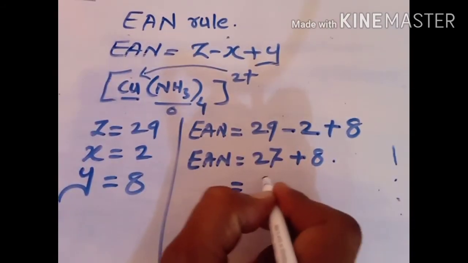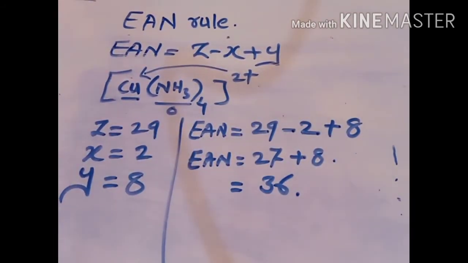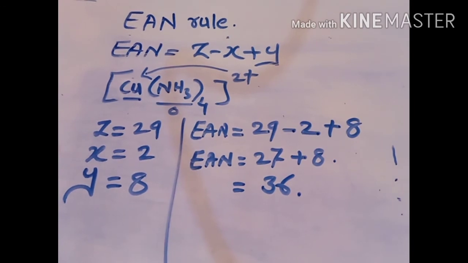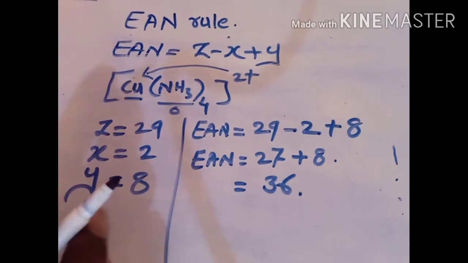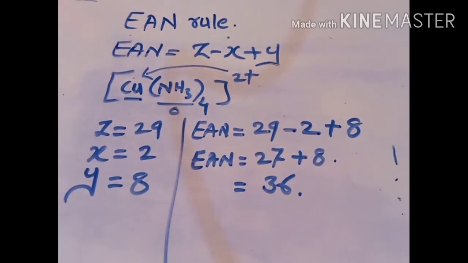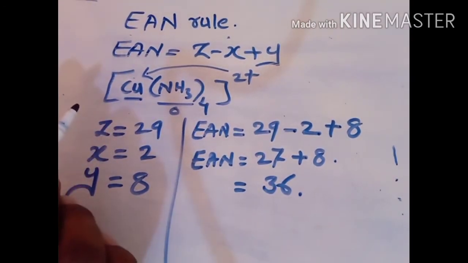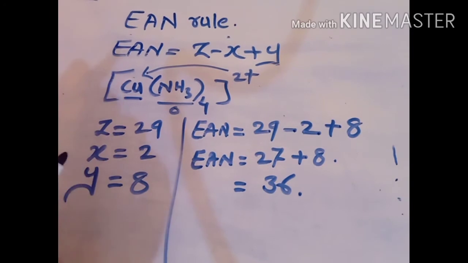That's why the value will be 36. It also achieves the nearest noble gas electronic configuration. That's why this complex also obeys the effective atomic number rule.